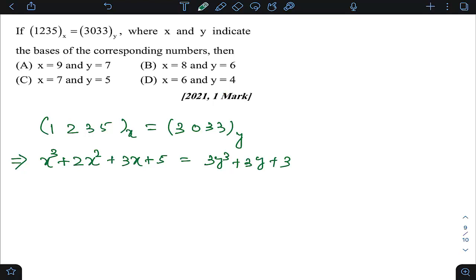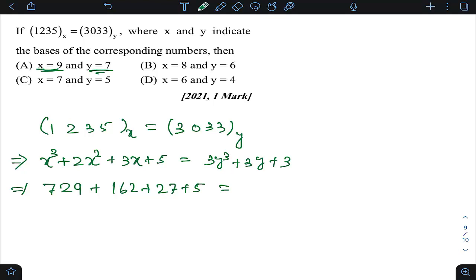So let us check option A. If I check option A, how much will I get? So 9 cube. What is 9 cube? I think 9 cube is 729, right? So I'm taking x equals 9. 729 plus 2 into x square, that is x square is 81, into 2 is 162, plus 27 plus 5 is equal to 3y cube.